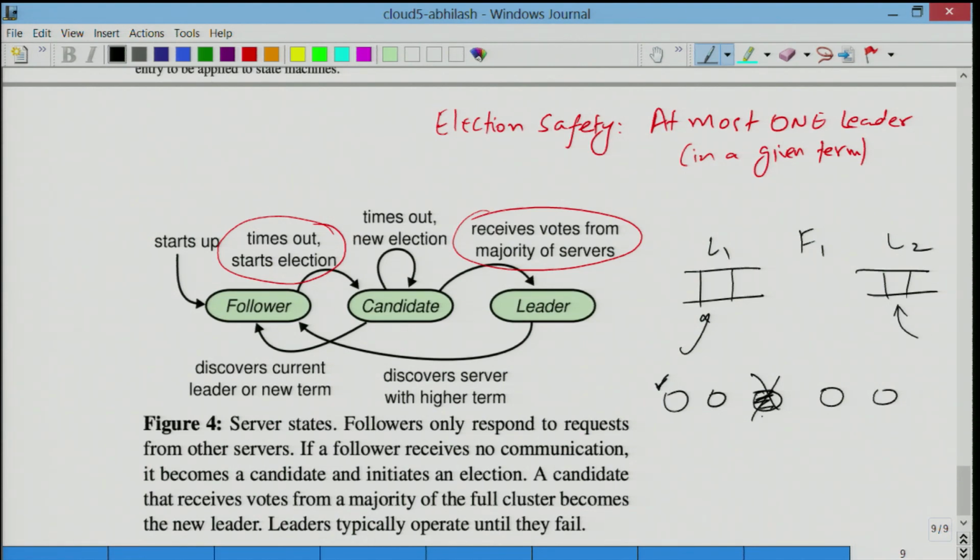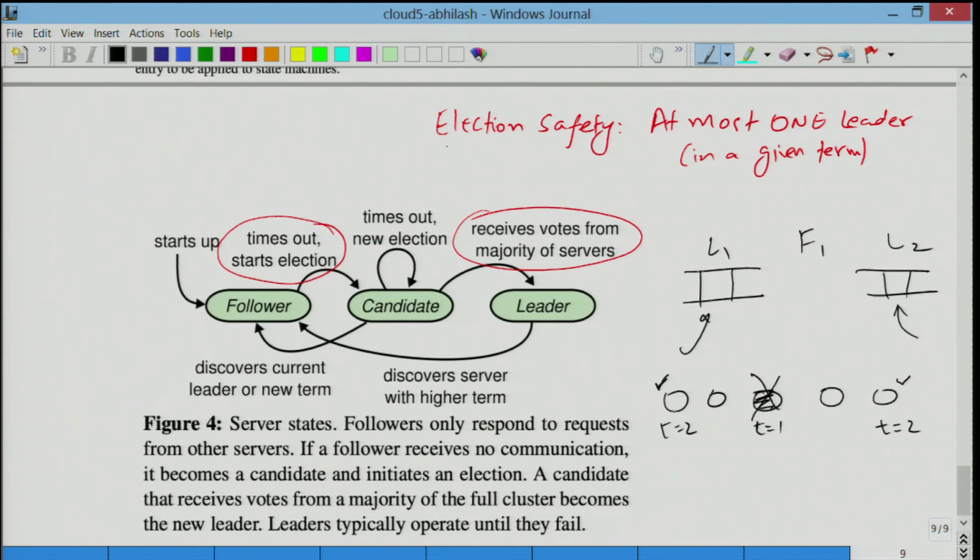Initially this was leader for term 1. This node notices that it has not received any heartbeats from the term 1 leader, so it becomes a candidate for term 2 and requests votes. It may happen that at the same time this one also requests votes for term 2, right?